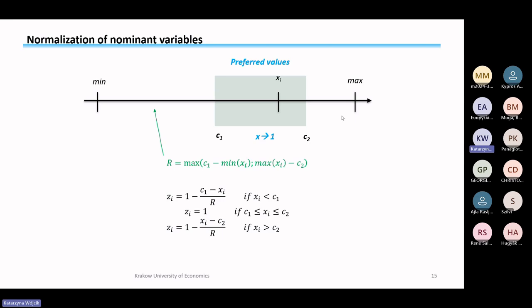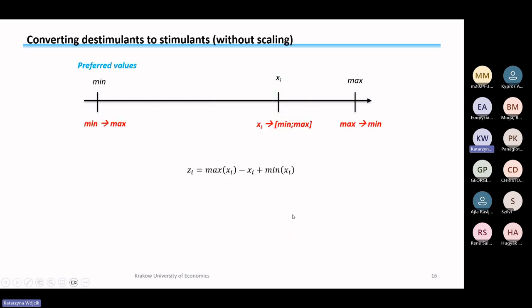So we've got a different formula for values lower than the expected range and for values higher than the expected range. And if the variable is within the range, we've got a different way of calculating it.